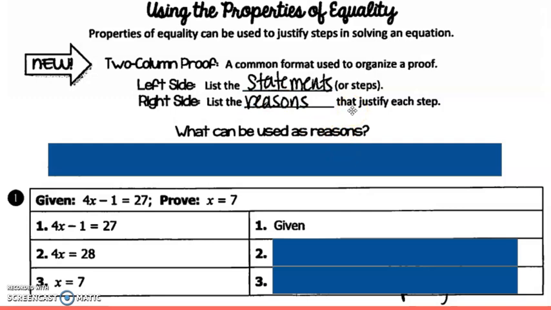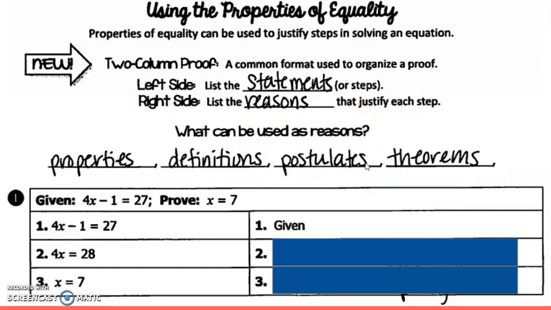So what property is working that lets me do that. To do our reasoning, we're going to use properties like the ones we just talked about, different definitions and postulates and theorems that we learn all throughout the course. And those will get more in depth when we start looking at some of our geometric proofs. But right now we're going to stick with our properties for our algebraic proofs.